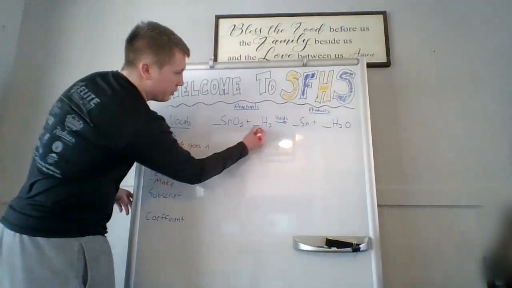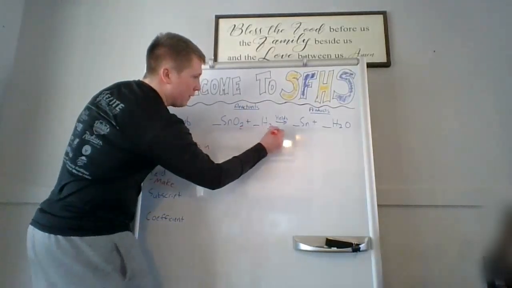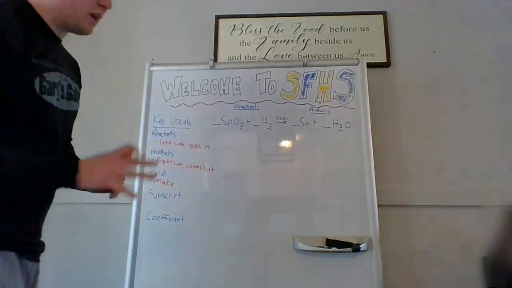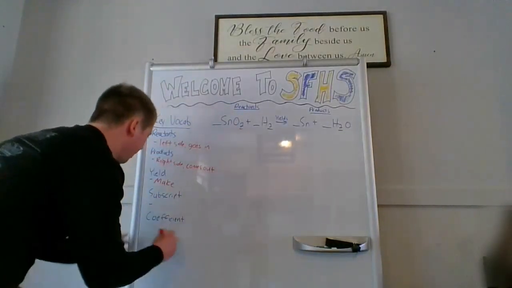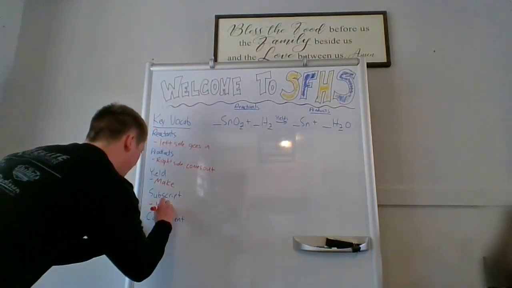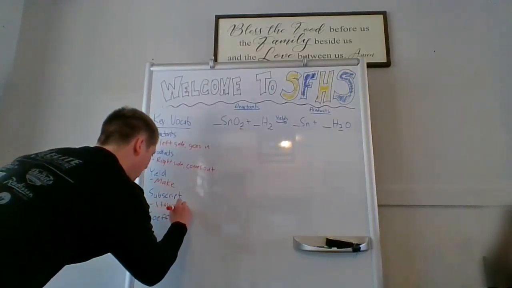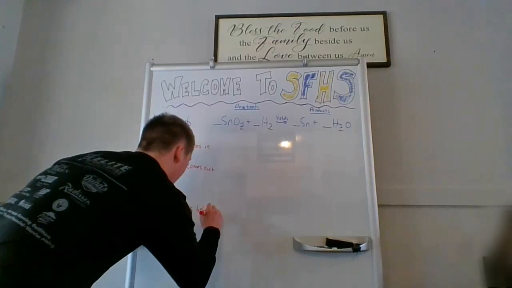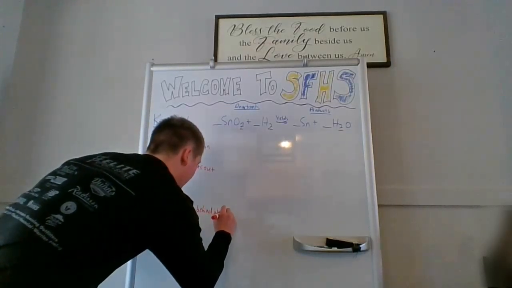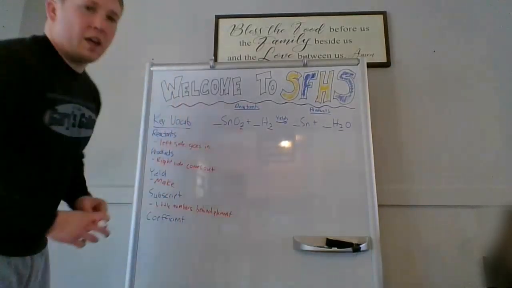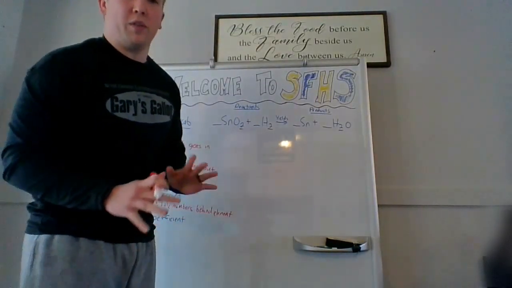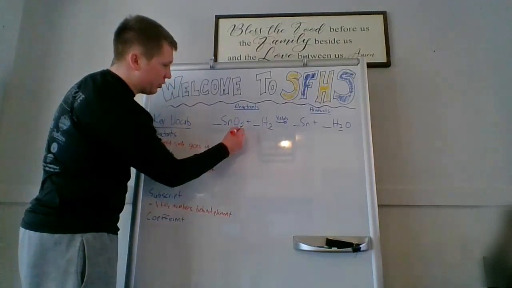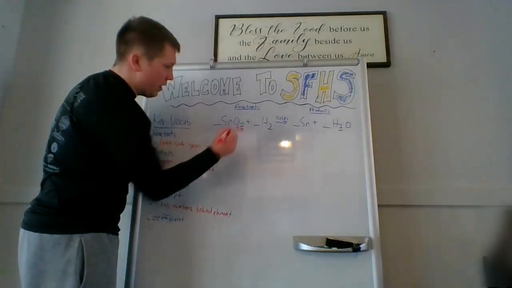The next vocab word is a subscript. So these little 2's right here are subscripts. So little numbers behind an element, and they only go with the element they are behind. So this 2 right here shows that there are 2 oxygen.